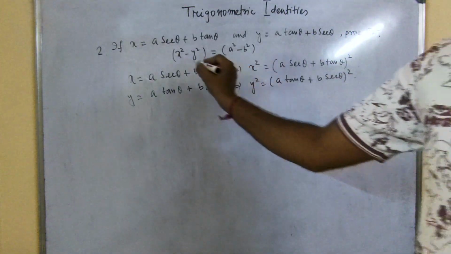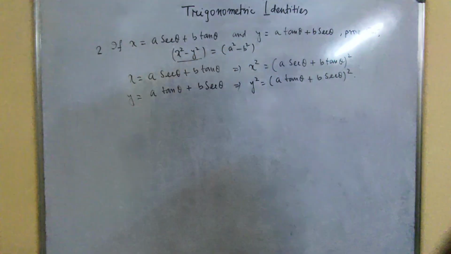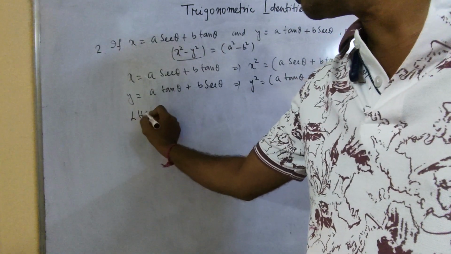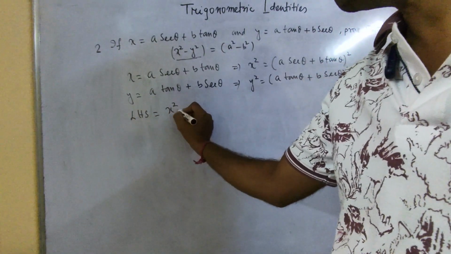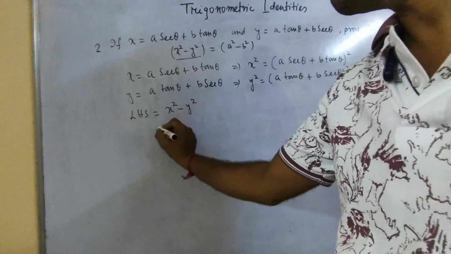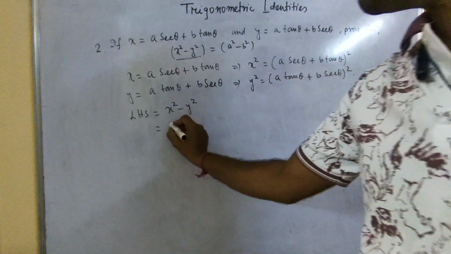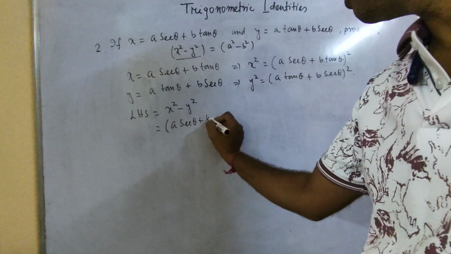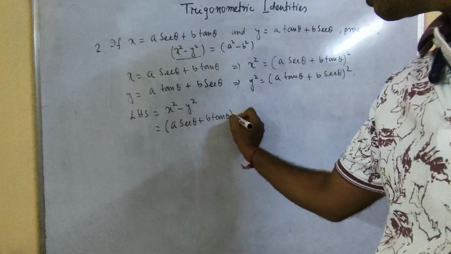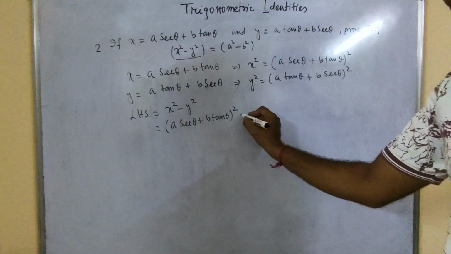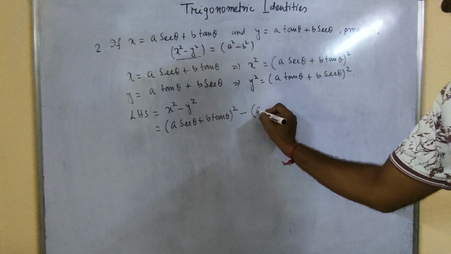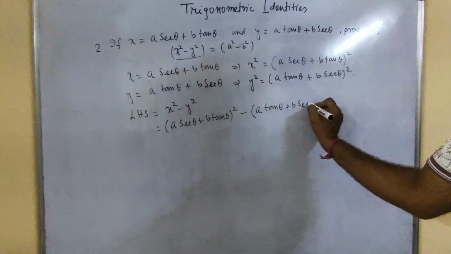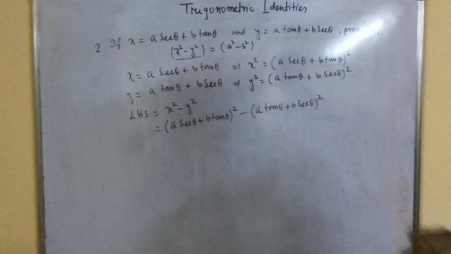Now we have to prove x square minus y square is equal to a square minus b square. So the left hand side is equal to x square minus y square. So what is x square? This one is (a sec theta plus b tan theta) whole square, minus (a tan theta plus b sec theta) whole square.